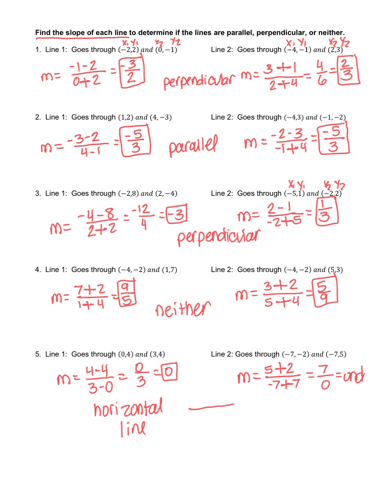And an undefined slope, which is over here, always means a vertical line. So let's put our vertical line right here. Therefore, what do we have here? We have perpendicular lines. Therefore, the answer for this one right here would be these are perpendicular lines. So we will write perpendicular.